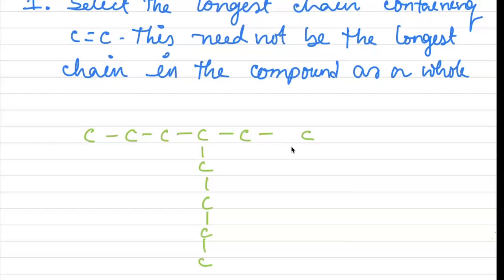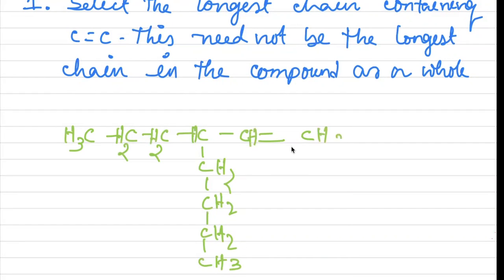The double bond is present over here. So here will be a CH3, CH2, CH2, CH, CH2, CH2, CH2, this is CH3, it is CH, it is CH2.